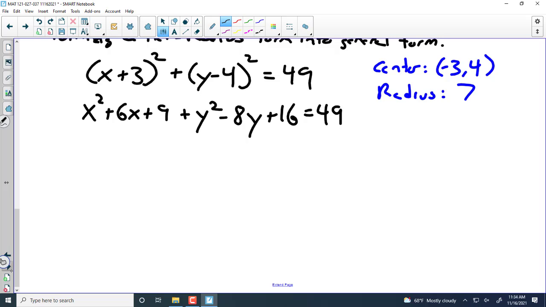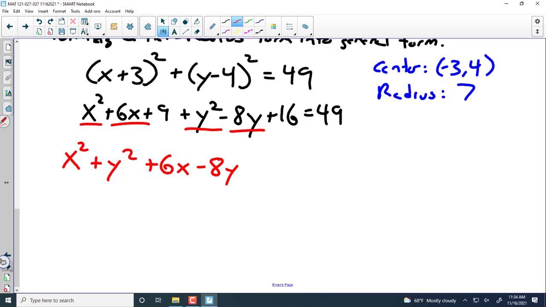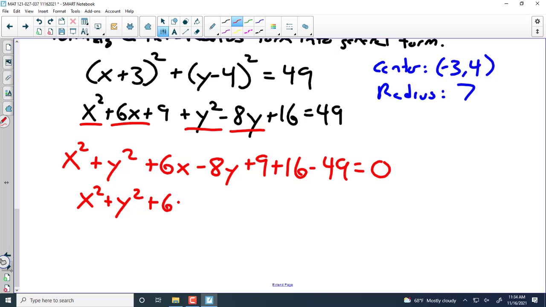Then they want you to write the x squared first, then the y squared, then the x, then the y, and then collect all your constants together and combine them into a like term, which in this case would be -24. That looks right.